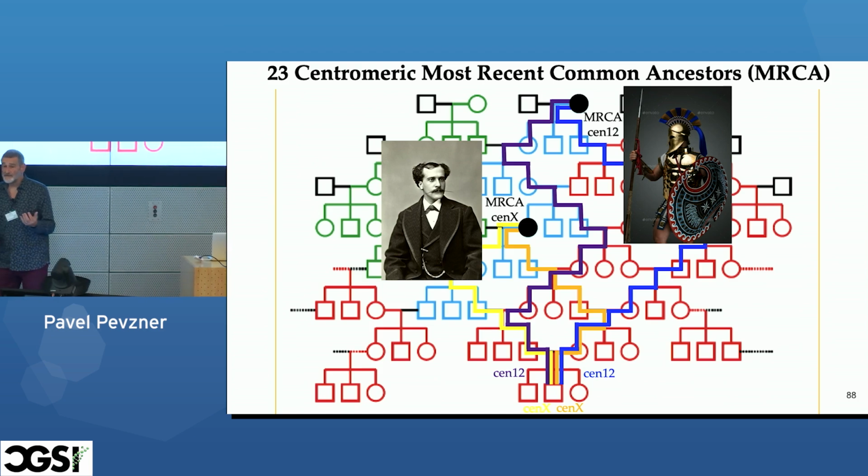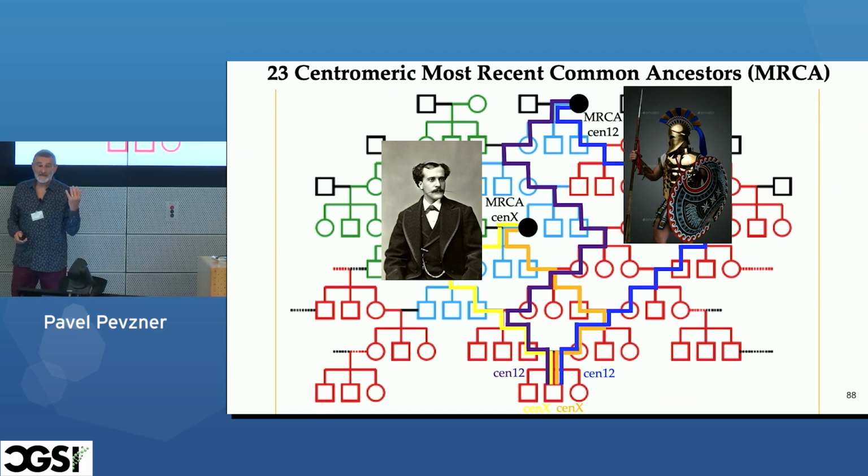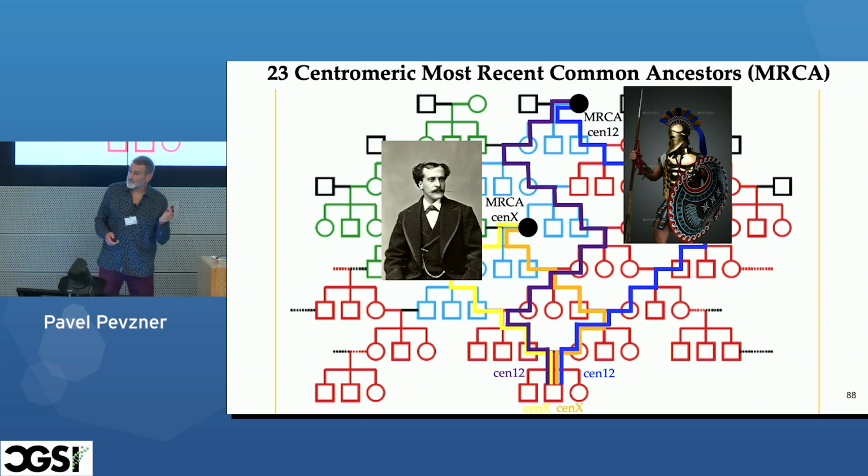And at some point, the evolutionary signal will be lost. We also see dramatically different variations in the level of similarity between different centromeres, maternal and paternal centromeres, in the same individual.